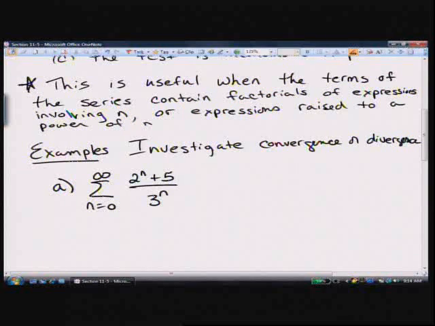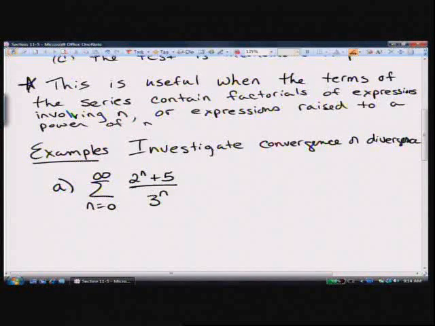Okay, let's look at this one. 2 to the n plus 5 over 3 to the n. All right. Now, you may say to me, Ms. Brooks, well, can I make some sort of argument about maybe comparing this to 2/3 to the n power? The problem with that is 2/3 to the n power does for sure converge, but because you have that plus 5, each of the terms is just a little more, and so, well, then you could make an argument.